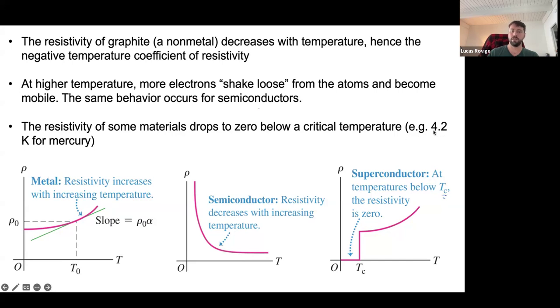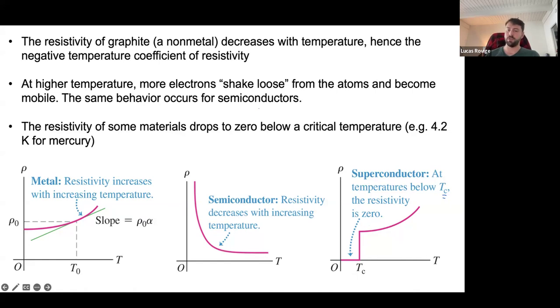For instance, it's around 4 Kelvin for mercury, pretty close to the absolute zero temperature. And so they require some energy or some engineering to be kept at this very low temperature. And the reason for this drop in resistance after a certain temperature is associated with quantum mechanics.